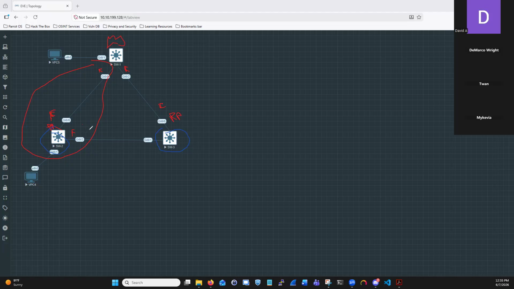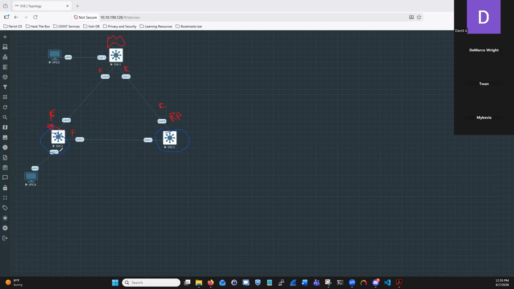That is always going to be in a forwarding state. So for this link, both sides of these interfaces on each switch are always going to be in a forwarding state. That is its spanning tree state. Same goes for the link between switch 3 and switch 1.